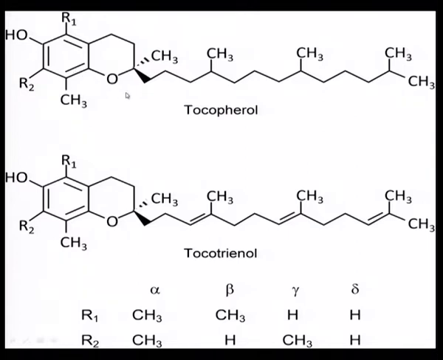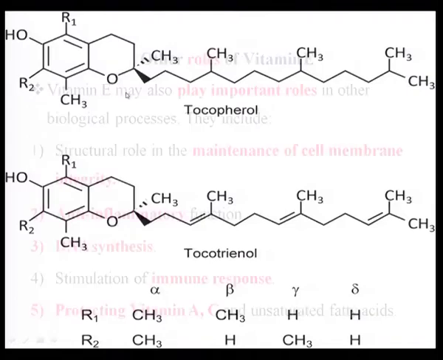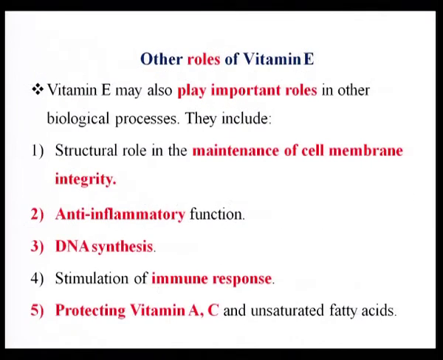Now if you go further, we are going to look at a little more components of how they are able to exhibit protective effect. So you see, they play an extremely important role in the maintenance of cell membrane. So you see cell membrane integrity, what do you mean by that?